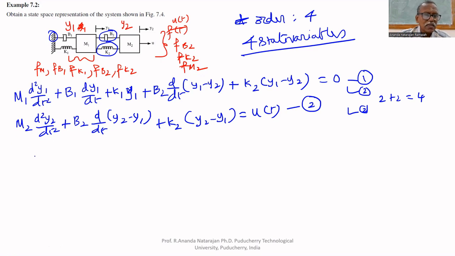First, let us assign x1 equal to y1. x1 dot equal to x2, that is equal to y1 dot.